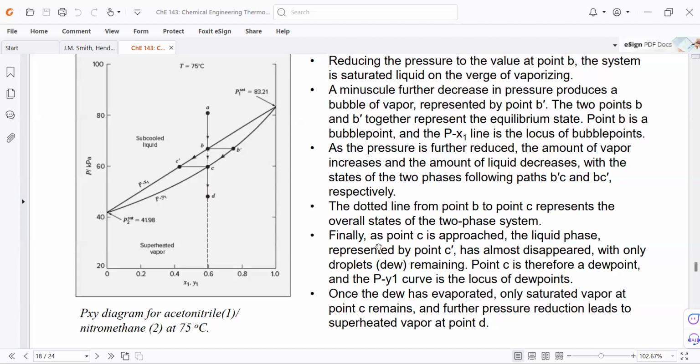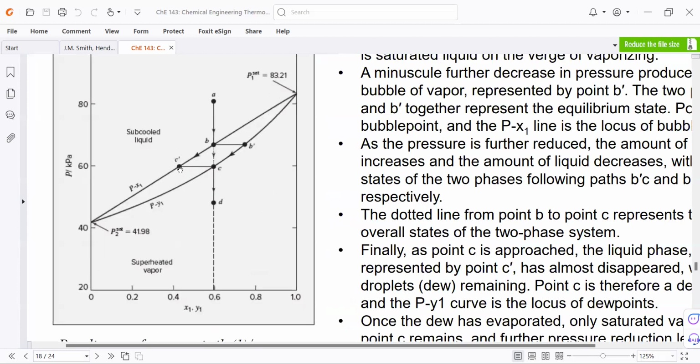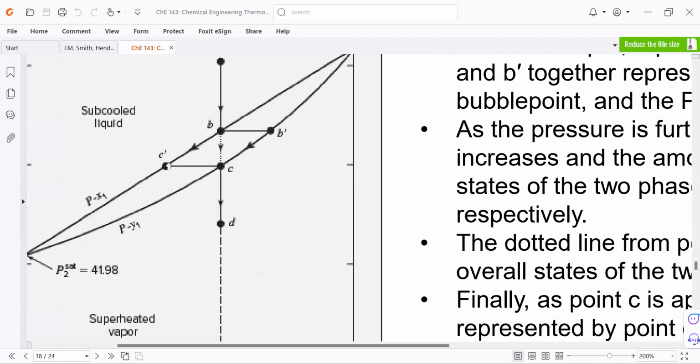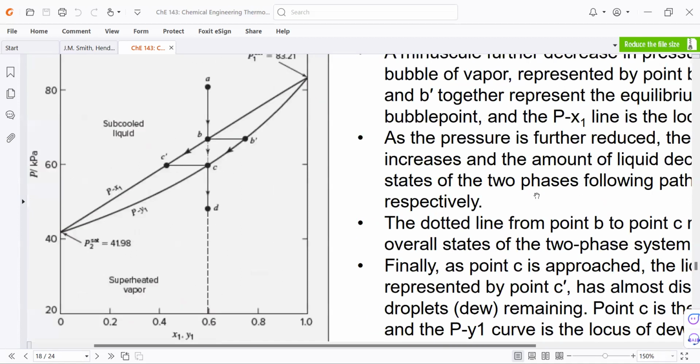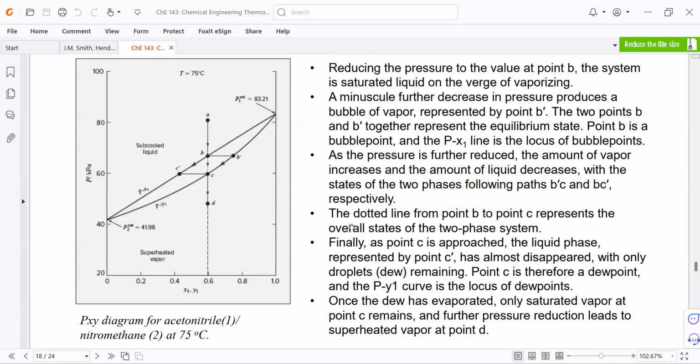And finally, as we approach point C, the liquid phase represented by C prime has almost disappeared. Okay, so as we approach C, the liquid has almost disappeared. That's why it's called the dew line, because only droplets or dew are remaining.